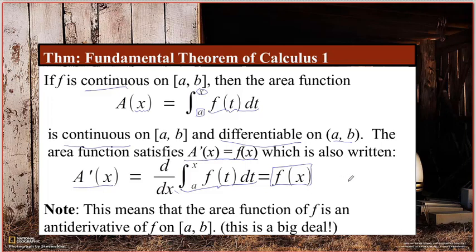And what we have just done is we've connected differential calculus, all those derivatives, with this idea of an integral or an area function. That is really, really big. And if you don't see it, you'll see why this is very useful to a first-year calculus student in a second.